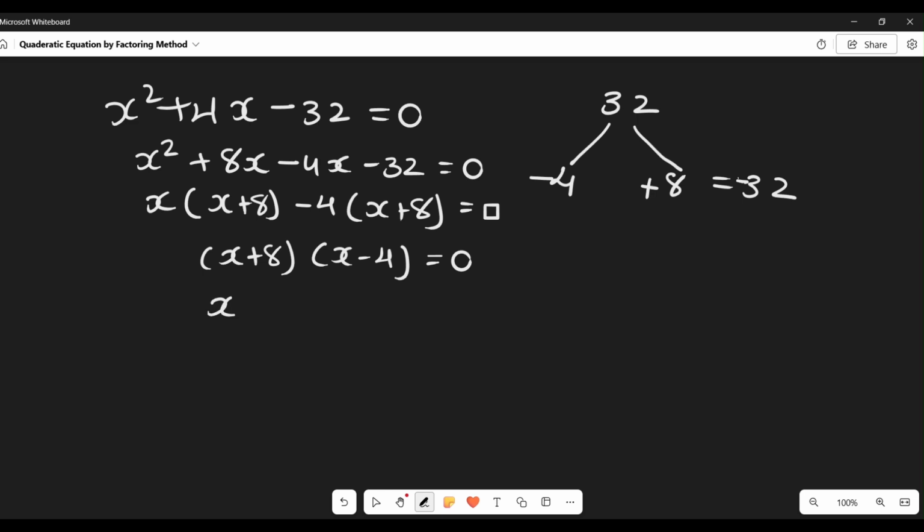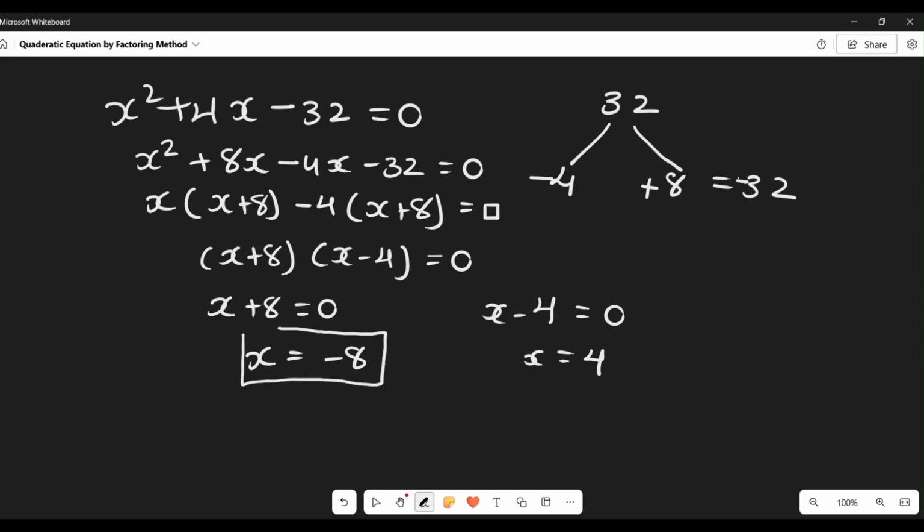So either x + 8 = 0 or x − 4 = 0. So in this case x will be −8 and in this case x will be +4. So for this quadratic equation the value of x will be −8 or x = 4.